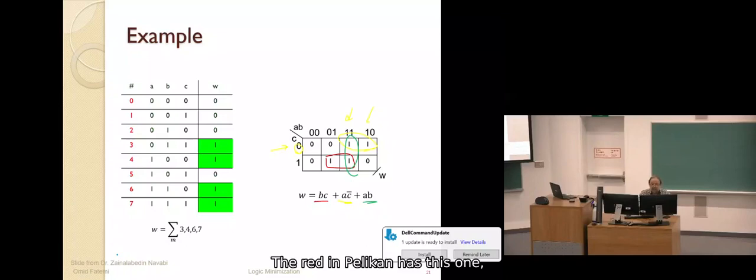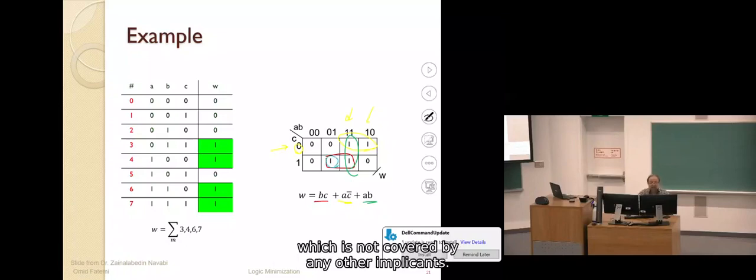The red implicant has this one, which is not covered by any other implicant. So this is an essential prime implicant. So red is essential. Yellow again has something that is not covered by any other implicant. So yellow is also essential.